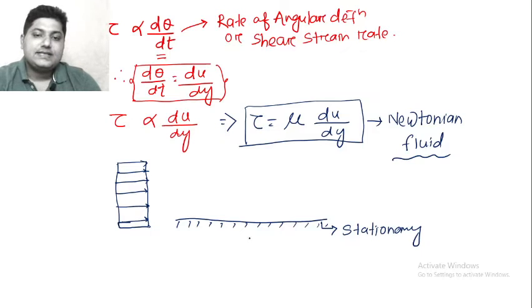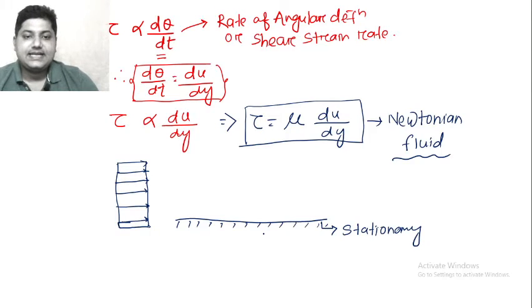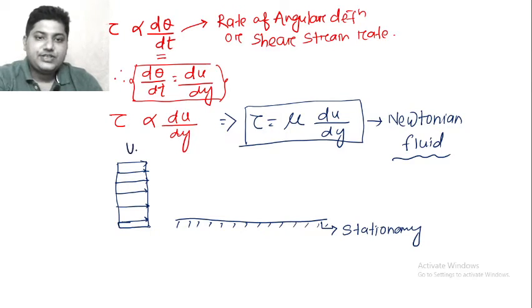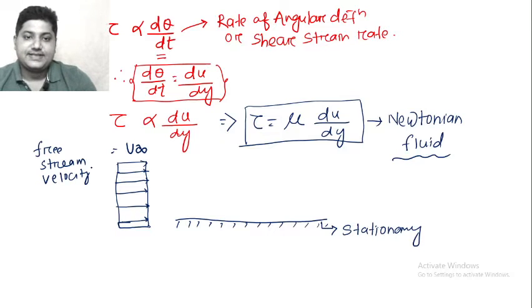So this is the plate which is stationary in position. Now this is the free stream velocity, u infinity, which does not come in contact with the solid surface.